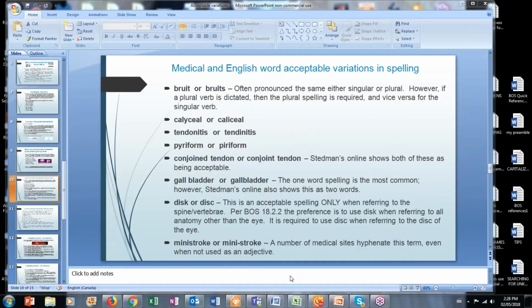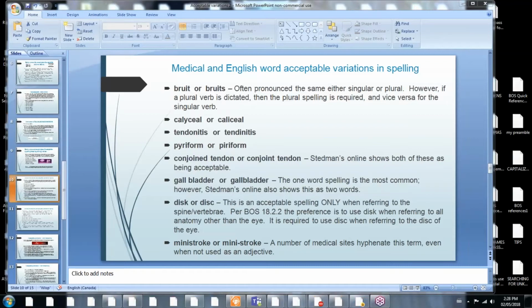And the same with gallbladder, 2 words, or gallbladder as 1 word. The 1 word spelling is the most common. However, Stedman's Online also shows this as 2 words, but it is more common to be 1. Now, disc or disk, spelled with a K or a C. This is an acceptable spelling only when referring to the spine or vertebrae, okay?